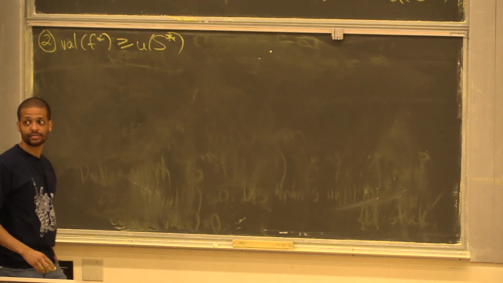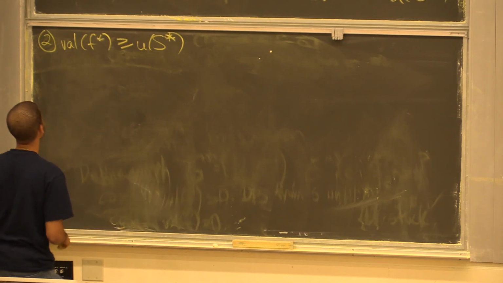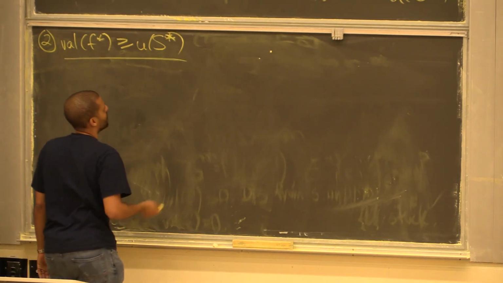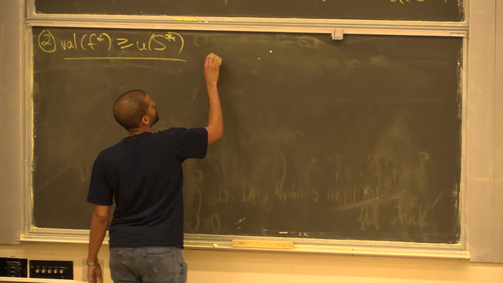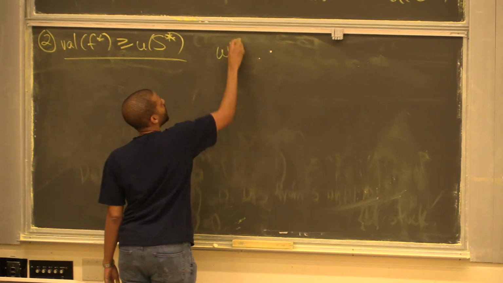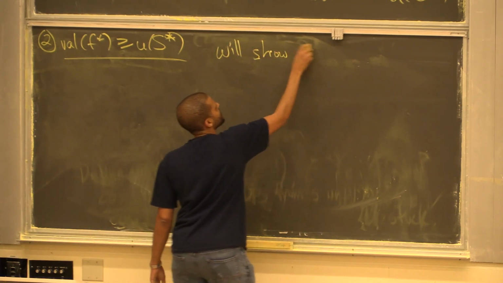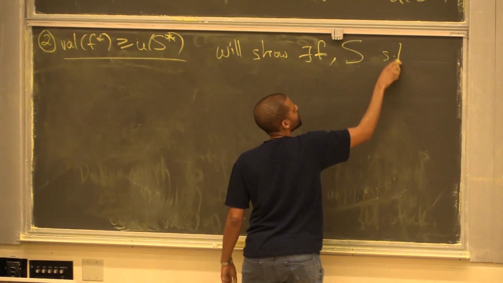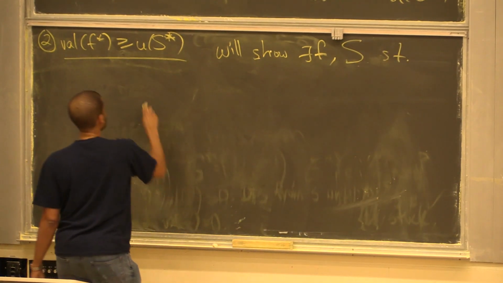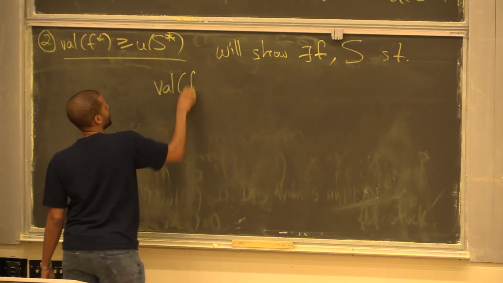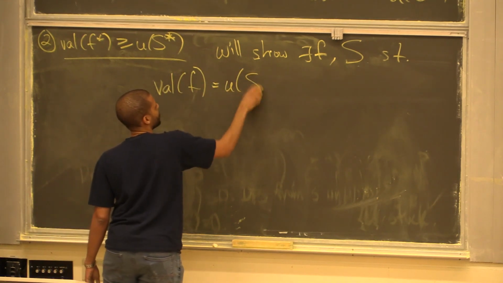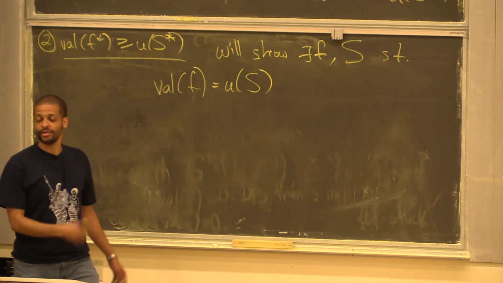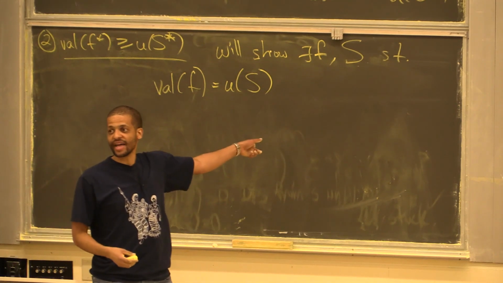Okay. So we'll show that there exists some flow F and some ST cut capital S such that the value of F is actually equal to the capacity of S. I'll show you that. Okay? And once we have that, we're done.